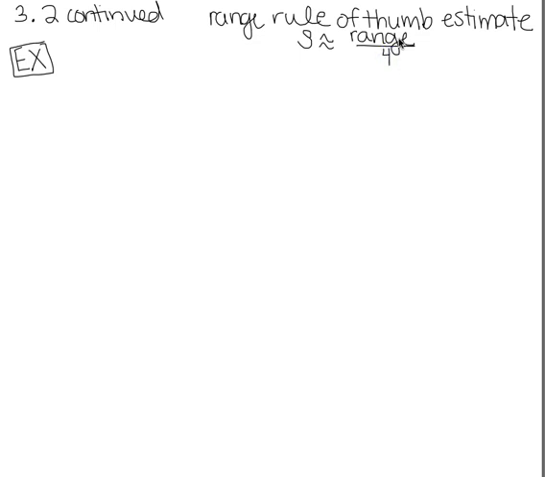It's something we use if we need a very quick and not necessarily very accurate estimate. So the sample standard deviation can be estimated by taking the range, which is max minus min, and then dividing it by 4.